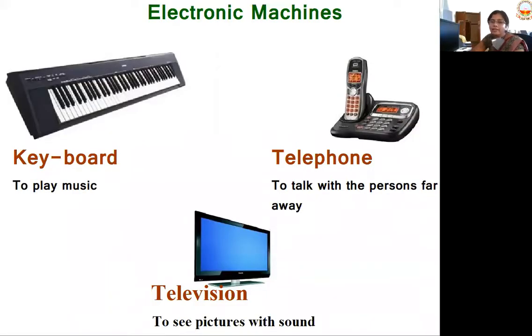Yes, children, we saw so many electronic machines. I have got a few more examples. A keyboard, a piano set that plays music, also requires electricity. You people have seen your music teacher playing it in your daily assembly.